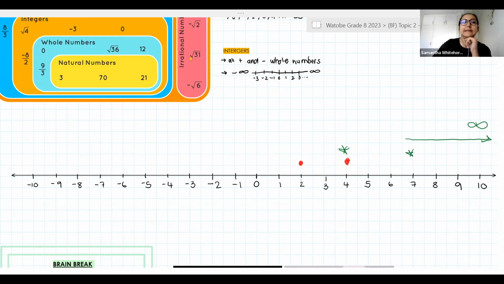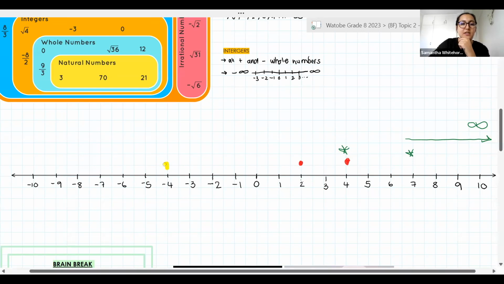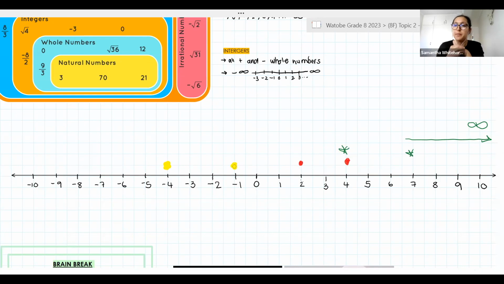Okay, so that's negatives. If we go back to our number line here, and I say, which is bigger, -4 or -1? Which value is bigger? Very nice, guys.